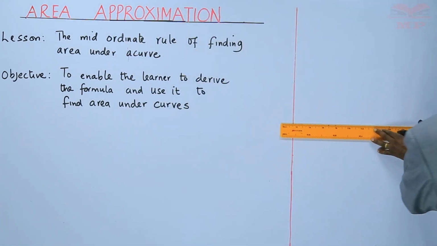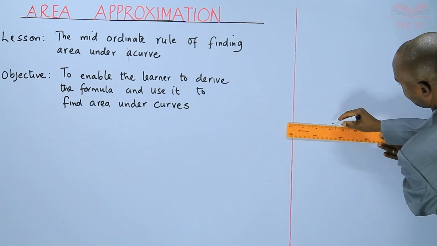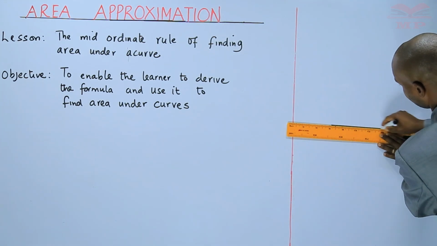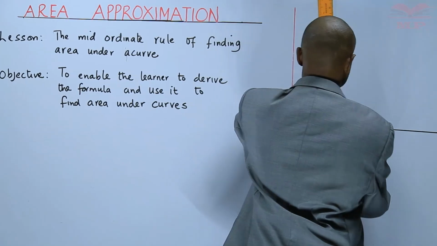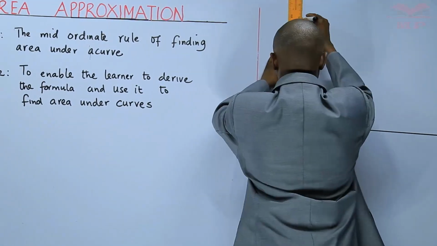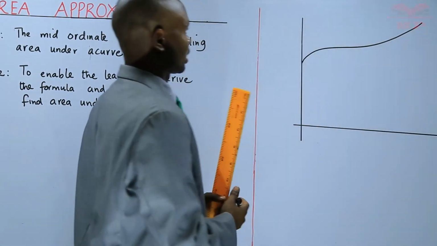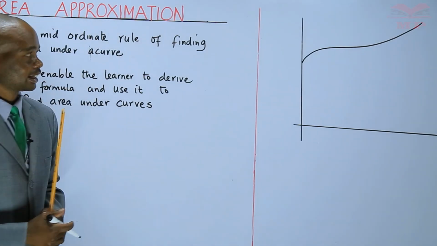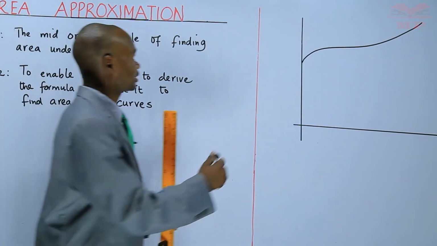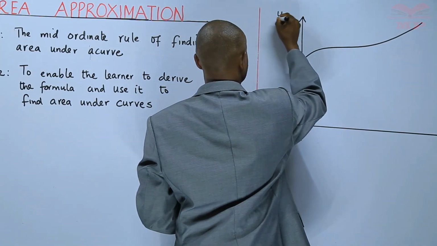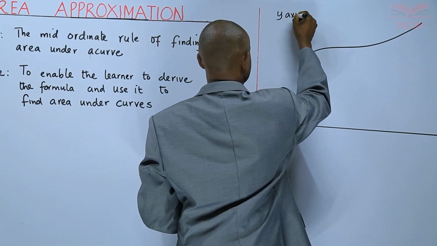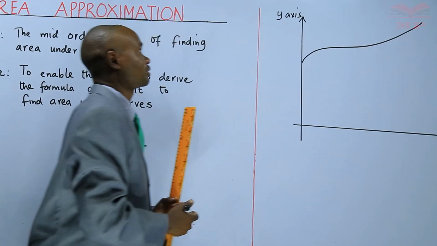So if you look on the board, we are seeing the y-axis.